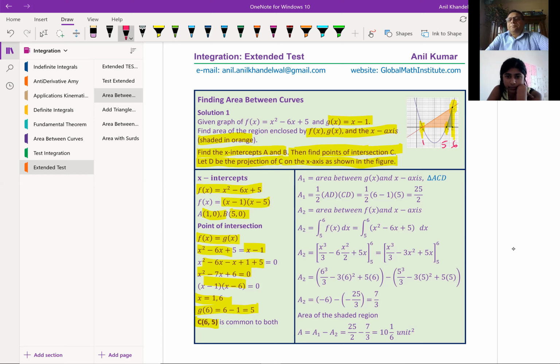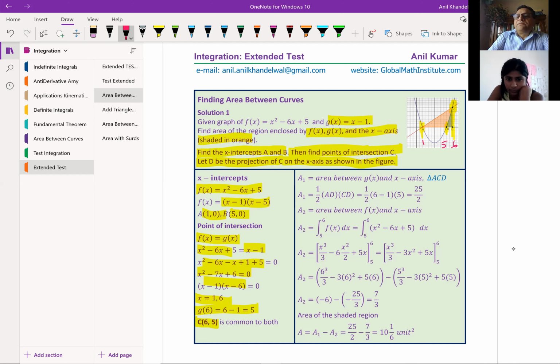So clearly, area of the triangle, so big area, which is including the green area for us, orange and green, so total. So A1 is the area between the graph g of x and x-axis and the triangle ACD, right? So we are now working out the area of this particular triangle. Is that clear to you? So that is my A1, half base into height.